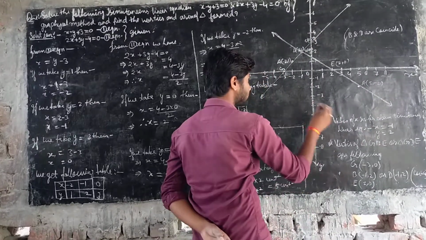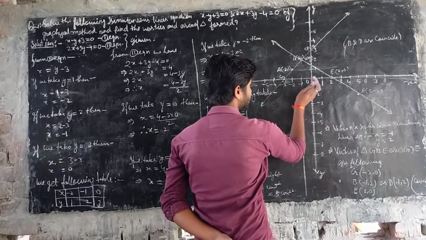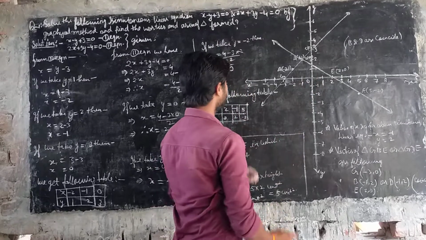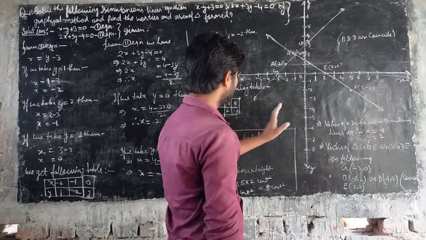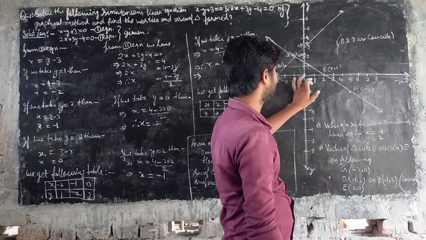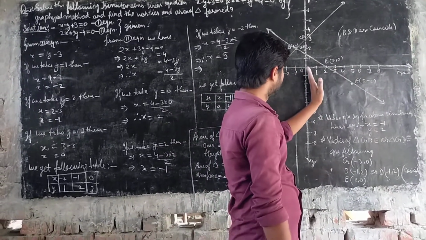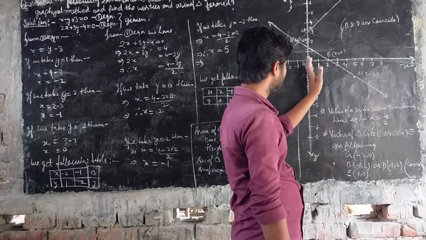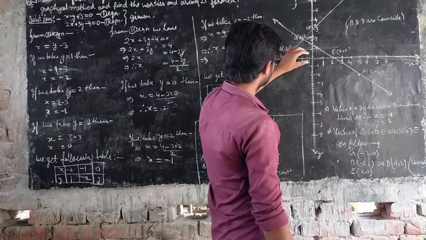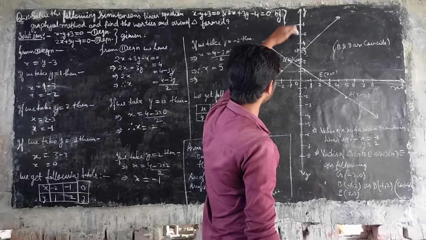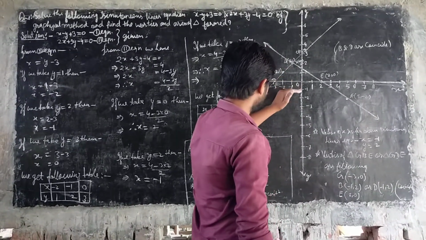Here is the point of origin. From the origin on the x-axis, all values on the left side are negative, and on the right side of the origin all values are positive. In the same way, above the origin y is positive and below y is negative.